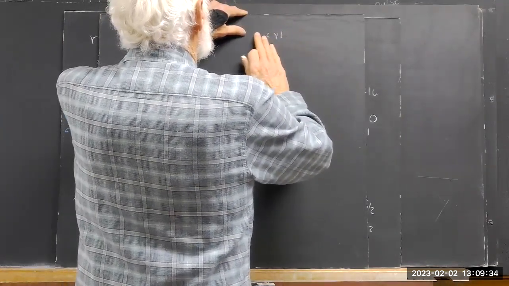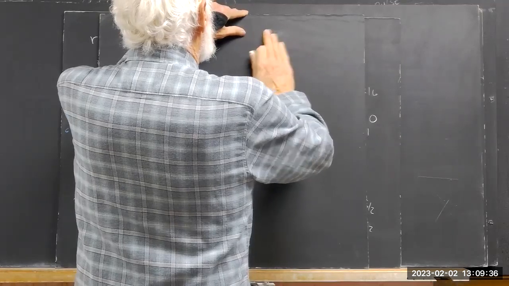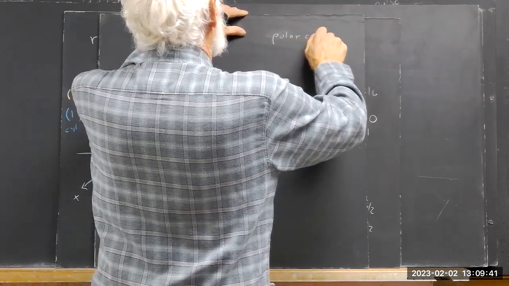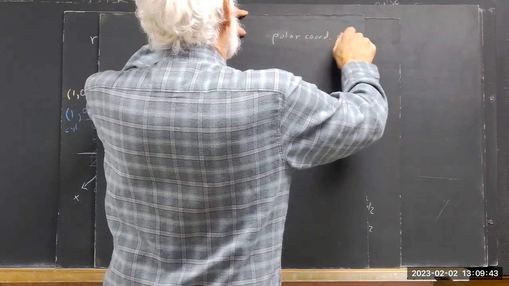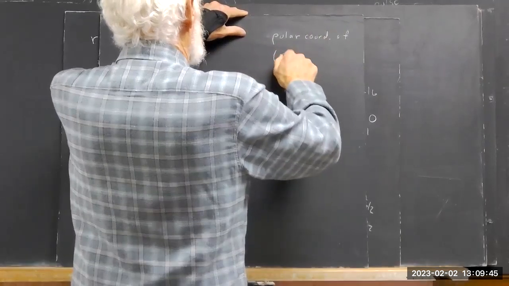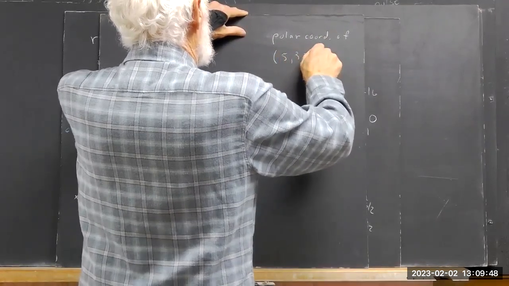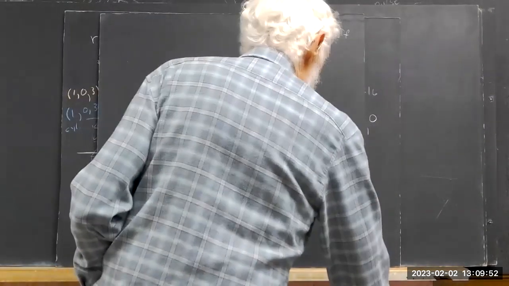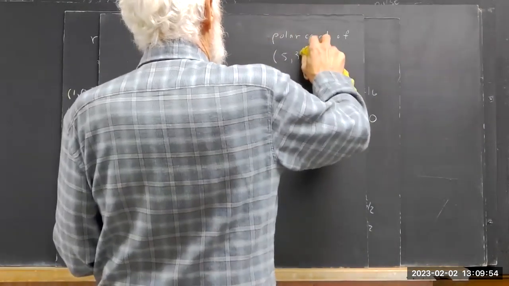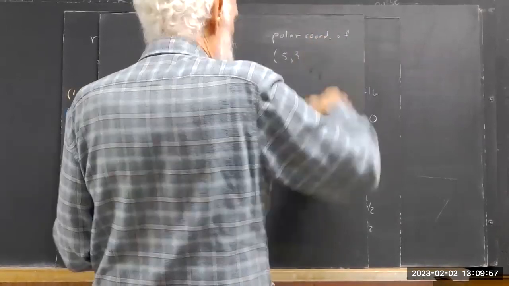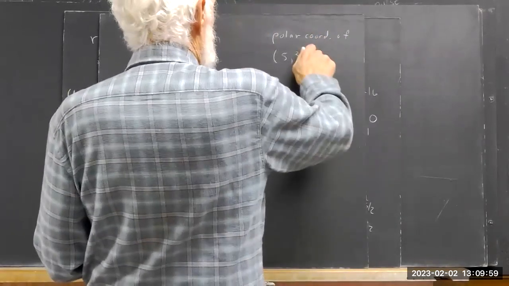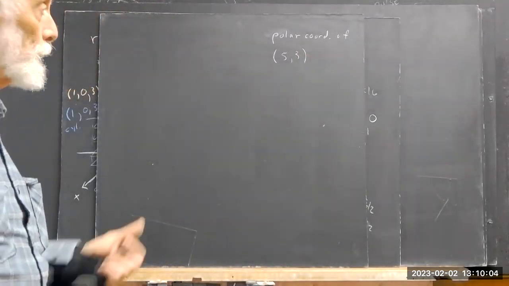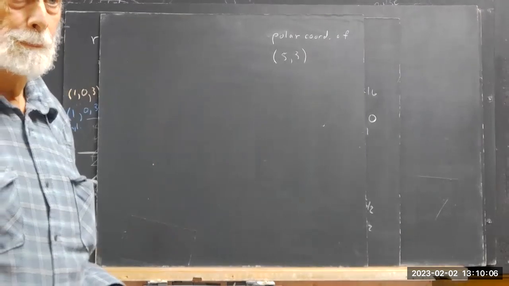First of all, take the polar coordinates of the point (5, 3). We will then do the cylindrical coordinates of (5, 3, -7), but that's going to be easy. Okay. How do we get the polar coordinates of (5, 3)?